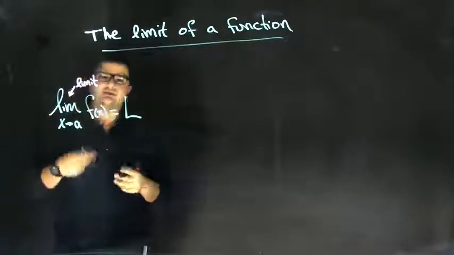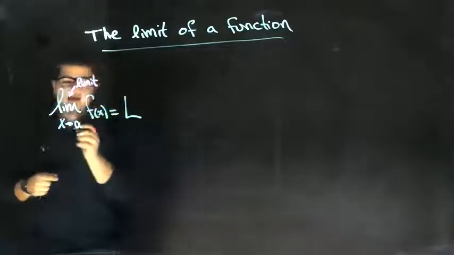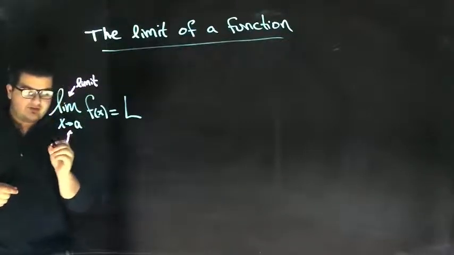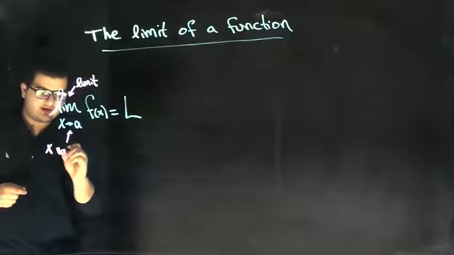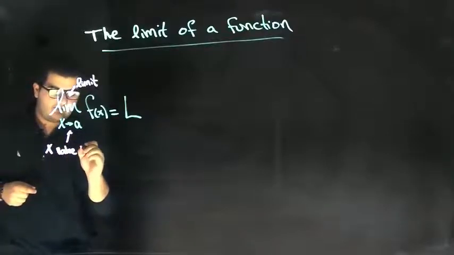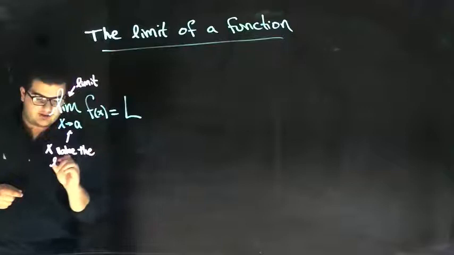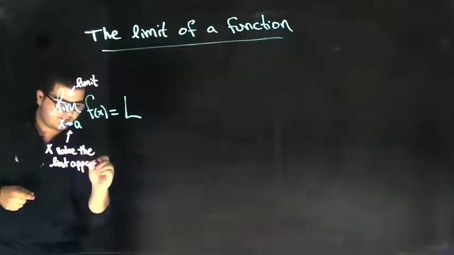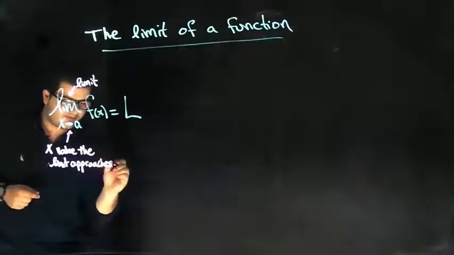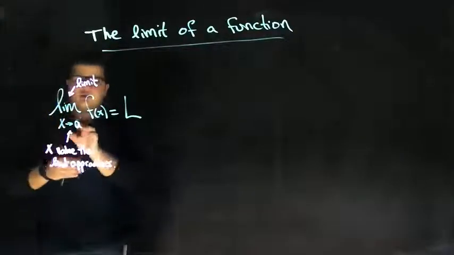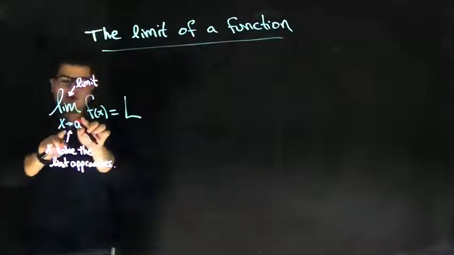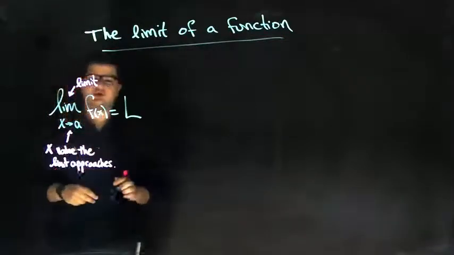So this LIM signifies that you have a limit. This X with the arrow A signifies the X value the limit approaches. So this X with the arrow A signifies X approaching A, where A is the X value the limit approaches.